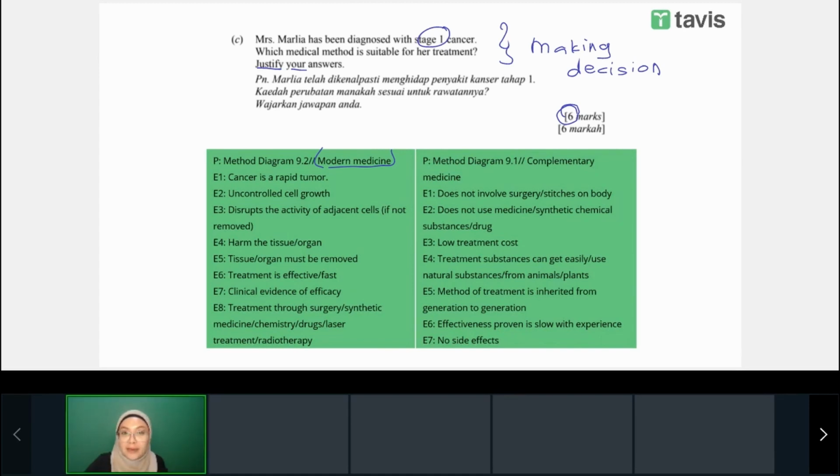So Puan Malia needs to be treated with the modern medicine. So, one reason: uncontrolled cell growth. Cancer involves uncontrolled cell growth. We can't control the cancer. It disrupts the activity of the adjacent cells. Cancer cells may disrupt the activity of other cells.